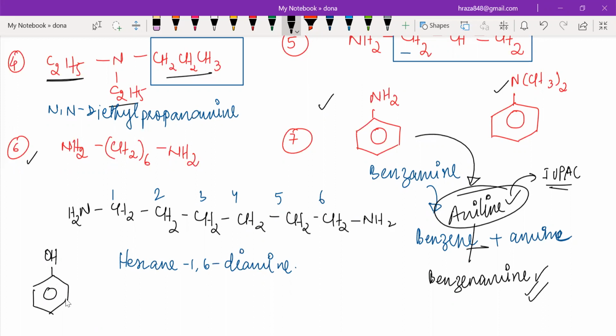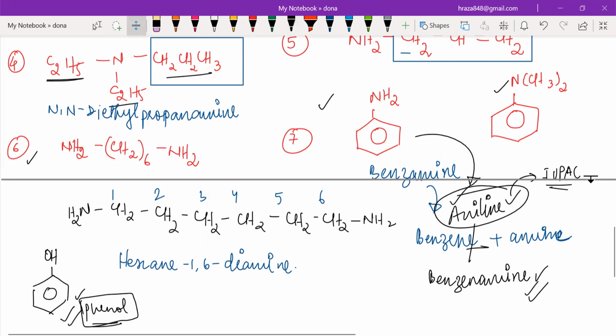Actually, initially it was a common name, but now it is treated as IUPAC. Its name was basically benzene plus ol, that means benzenol. But this phenol is now treated as IUPAC as well. So either you can write aniline or benzenamine, both are correct.